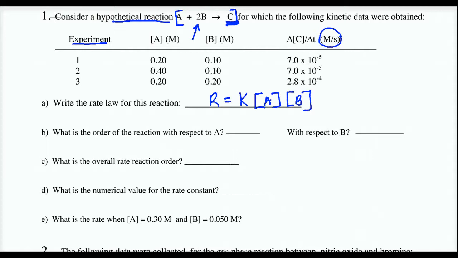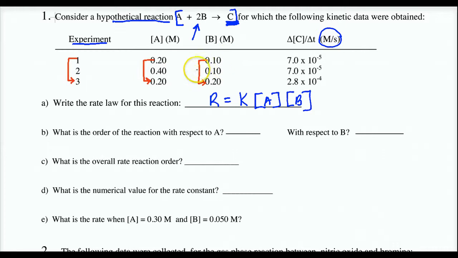So let's get started. So let's look at the reaction. So we look at the experiment, I mean. So let's look at this. Let's keep A constant. So you notice experiment 1 and 3. Keeping A constant, what happens to B? Now I'm choosing to keep A constant because I just want to look at how B affects the rate without A getting involved. So I have a control here.